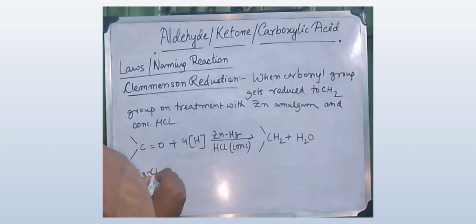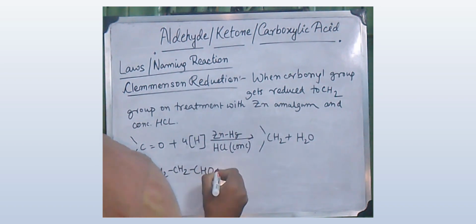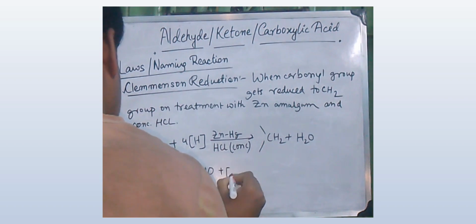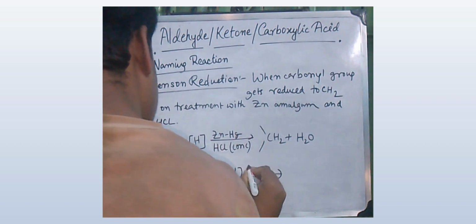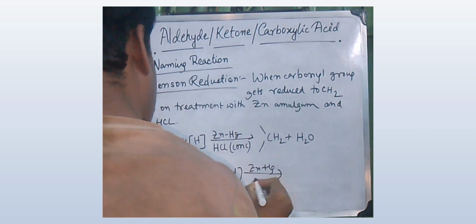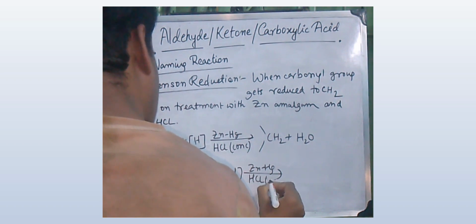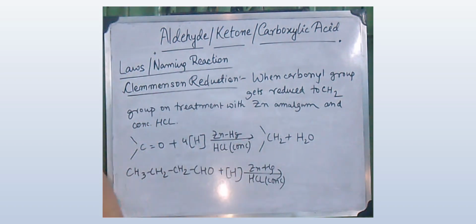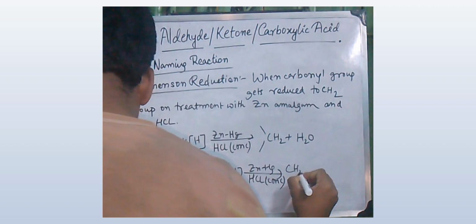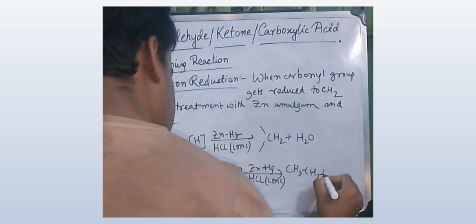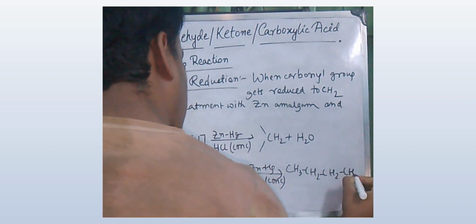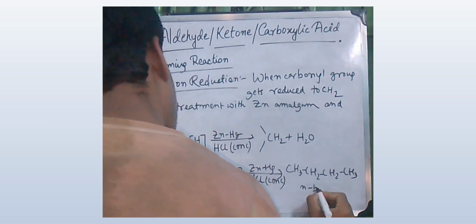Another reaction, if we take CH3CH2CH2CHO plus nascent hydrogen passed through zinc amalgam and concentrated HCl, it gives CH3CH2CH2CH3, which is known as n-butane.